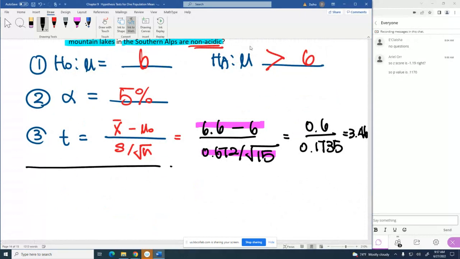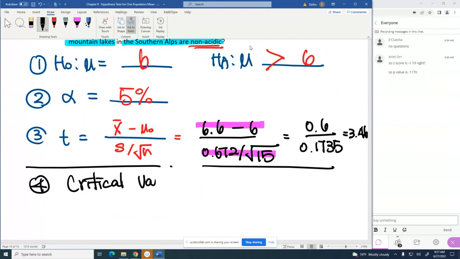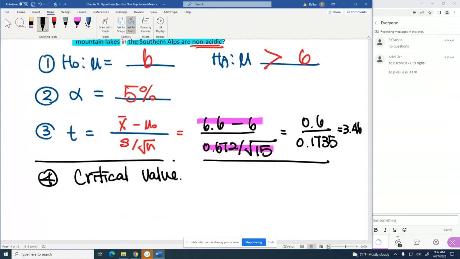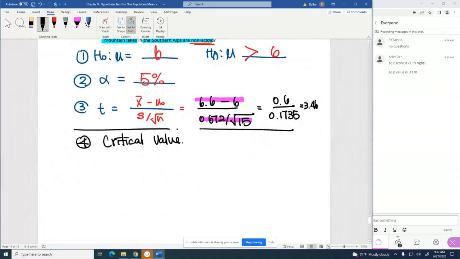So far, it's almost the same. But now we need the critical value. We have to take the critical value from the t-distribution. The t-distribution looks like the standard normal distribution, with a mean equal to 0, right?